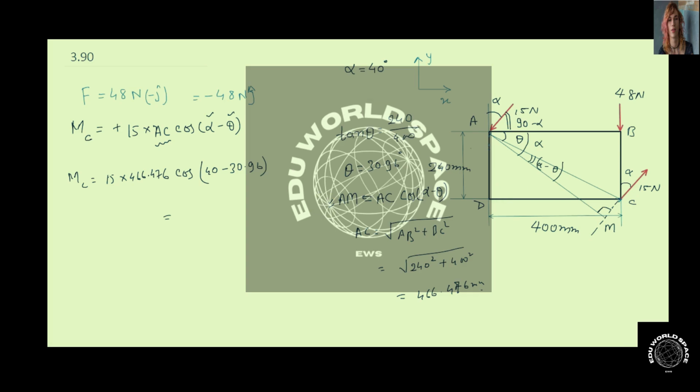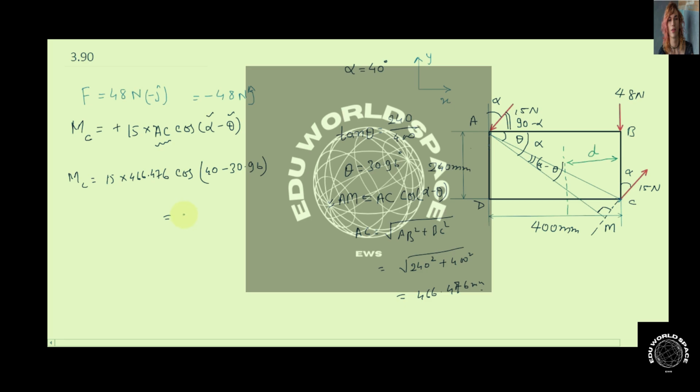This moment should be equal to, let's say, that our line of action of the force is passing through this line, which is at a distance d from line BC, or from point C. This line is at a distance d from C at left.